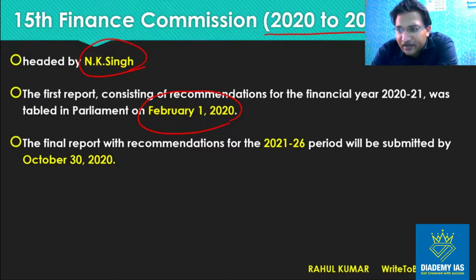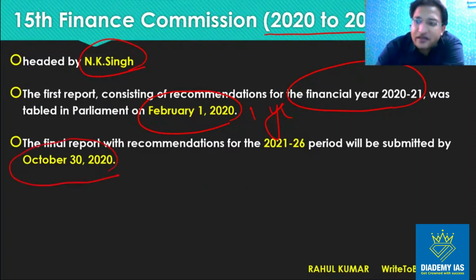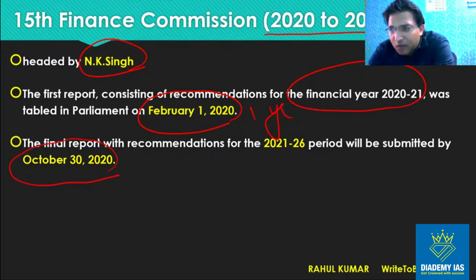So this is a current affairs issue also, very important for examination also. So on February 1, 2020, they gave the report for 1 year, for the financial year 2021, right? For the next 5 years, they will be giving another report on October 30, 2020. So the current report is for the year 2021 only.